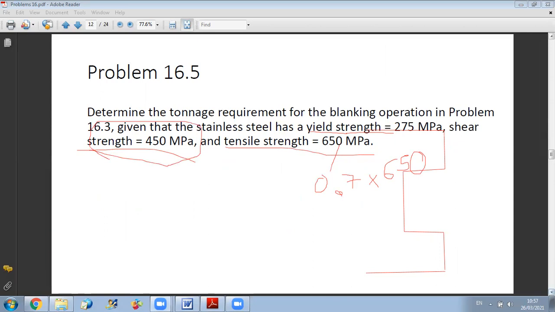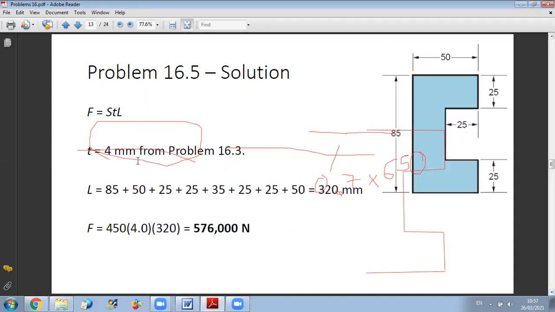By replacing in your formula, the shear strength is 450, the total length is the perimeter of the part that is cut, and the thickness is given in the problem as 4 millimeter.